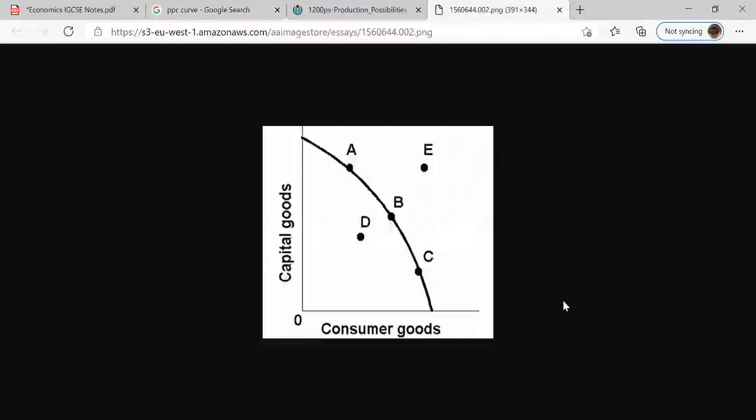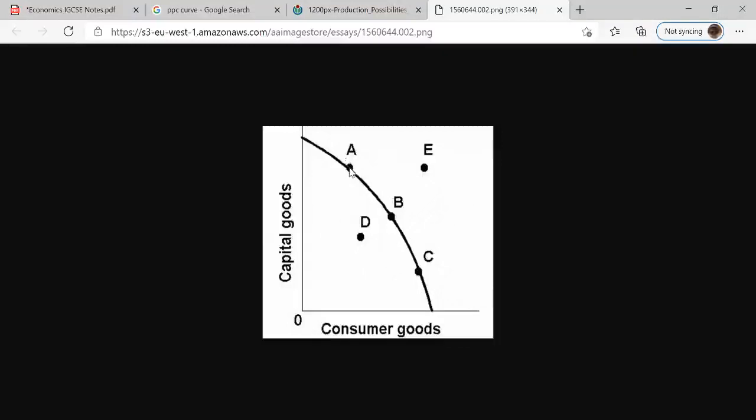Suppose you have two options. You can produce capital goods or consumer goods. Capital goods are the goods that are produced for producers, and consumer goods are the goods that are produced for consumers.